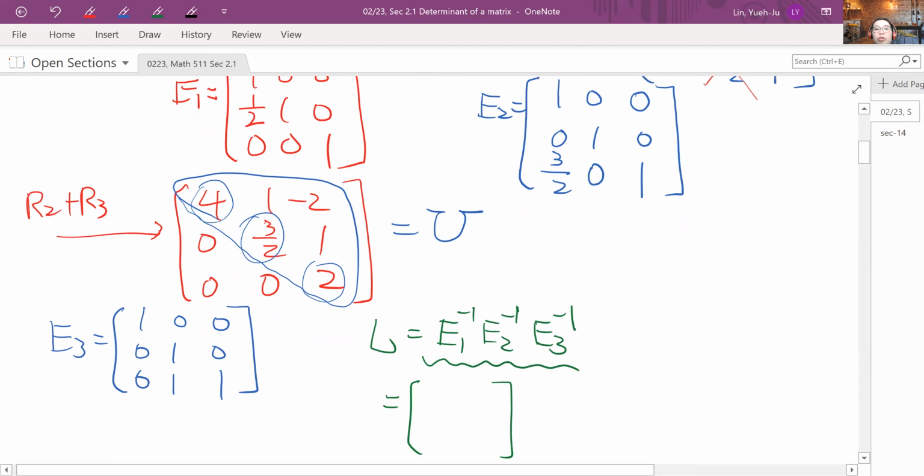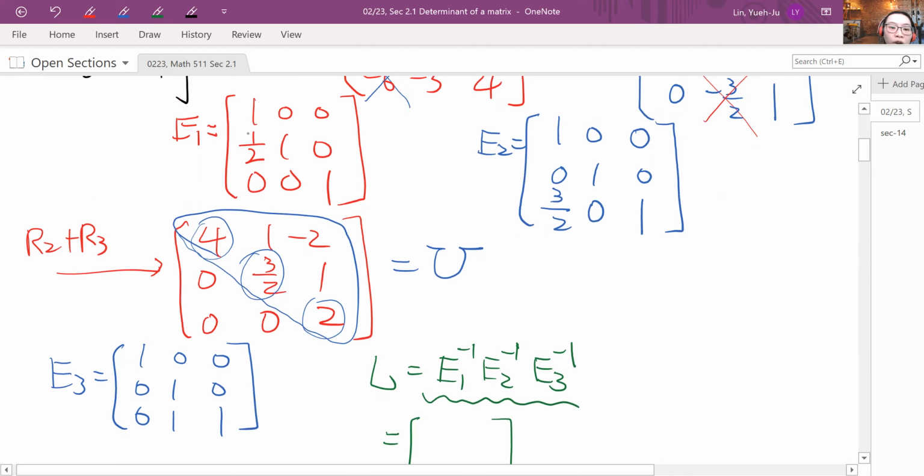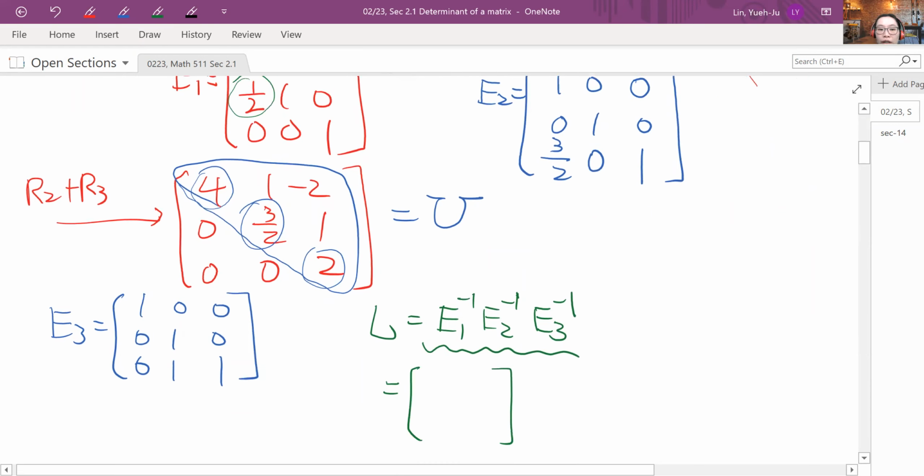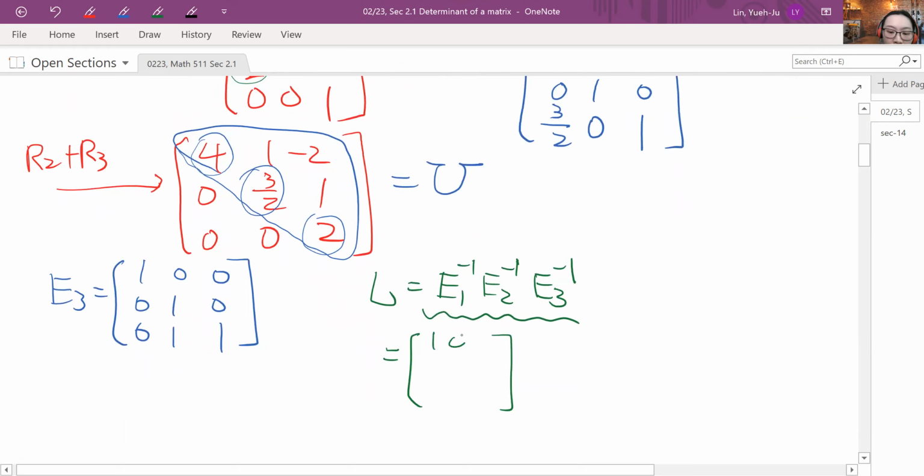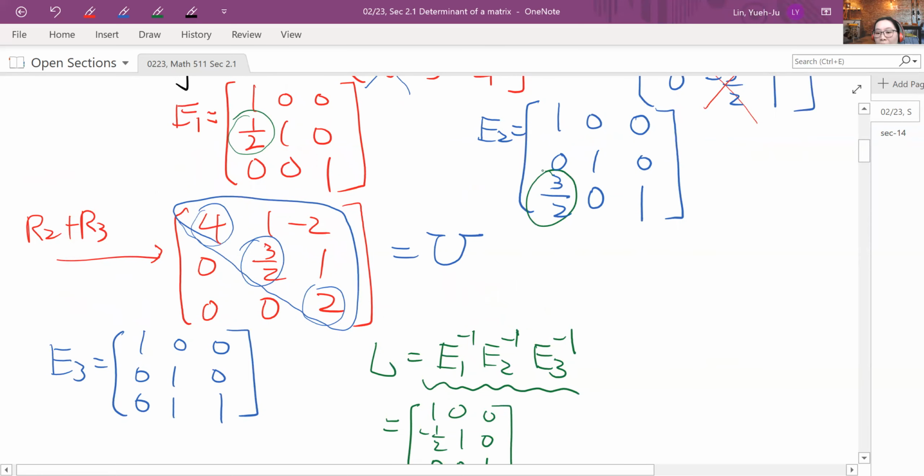This is directly related to what we covered a little bit earlier in 1.5: we already know what the inverse of each type 3 matrix looks like. The trick is really just to directly take the negative of the action you just did. In this case, E1 inverse is the negative, E2 inverse takes the negative of the thing I just circled, and same for E3.